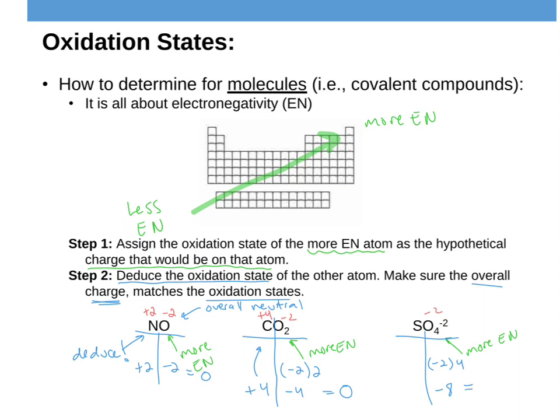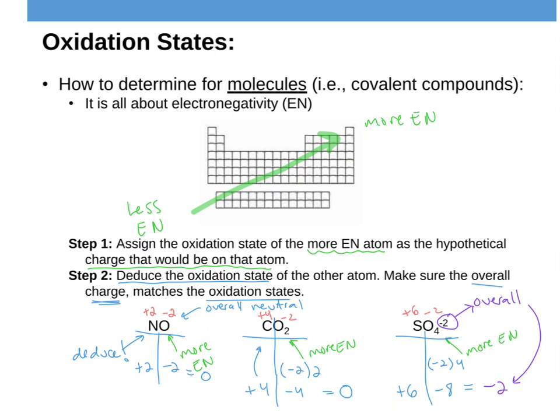The overall charge is -2, so these oxidation states need to equal -2. In other words, the sulfur must be +6, because +6 and -8 would be a -2. So my sulfur here must be +6, and that makes the charges overall equal -2.